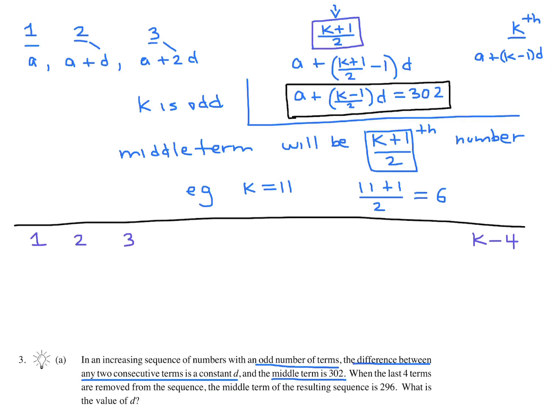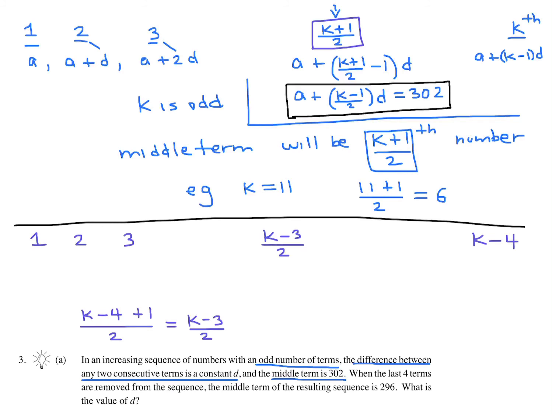It's going to be different. And we have to figure out which term number it is. So in a very similar way, the middle term is going to be (k minus 4 plus 1) all over 2, which is (k minus 3) over 2. That's the middle term in this scenario.